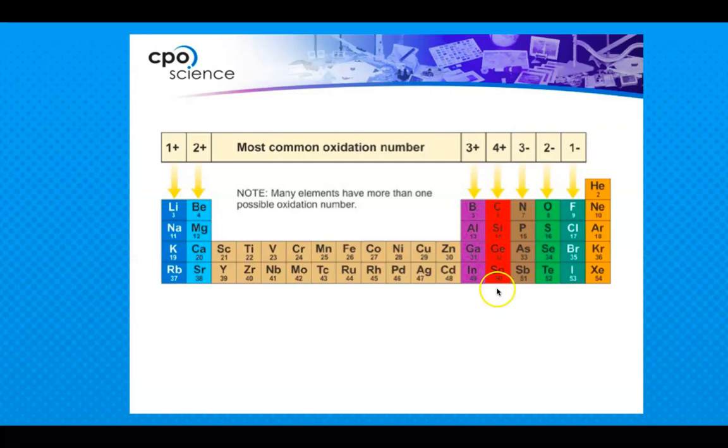Now, these elements in group 4 act a little strange because carbon, for example, has 4 valence electrons. So to get to that full outer shell of 8 electrons, it's going to have to either give away 4 or take 4. Well, which is easier? They're both the same, right? Because the number's the same. It's 4.